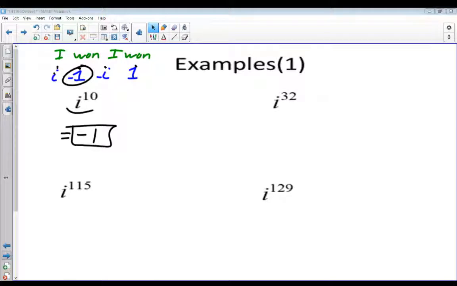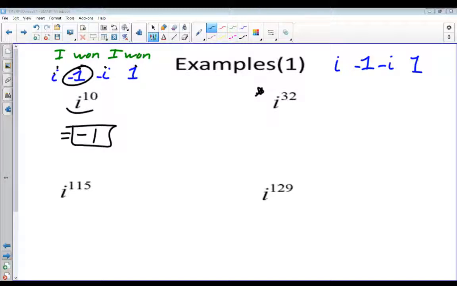Now the next one, i to the 32. You can still use the "i won" pattern with the negatives in the middle and count all the way up to 32 if you want to, but sometimes people don't like to count that high. If you don't, there is a recommendation.